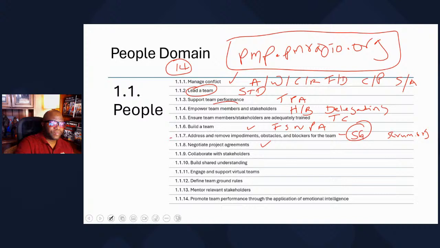Negotiate project agreements. Again, it's the philosophy. We want it to be win-win, not win-lose. Collaborate with stakeholders. You've got to understand what the Agile Manifesto says. Customer collaboration over contract negotiation. Read your Agile Manifesto. Understand from the perspective of the customer. Build shared understanding. Again, it's all these philosophies.